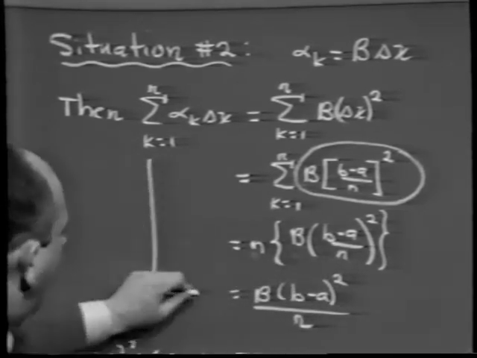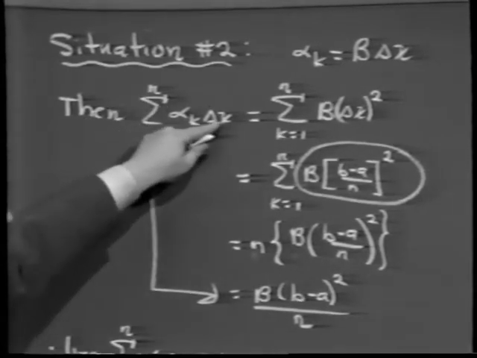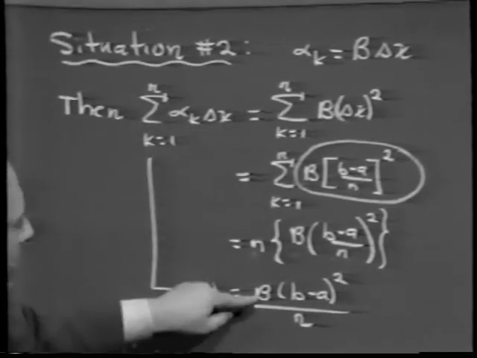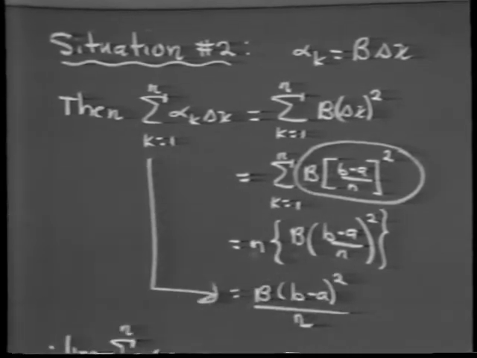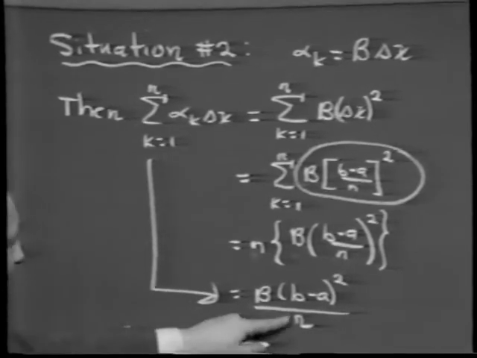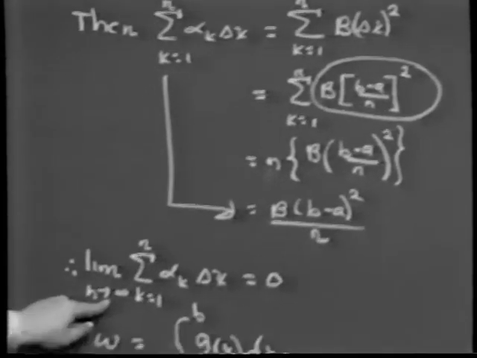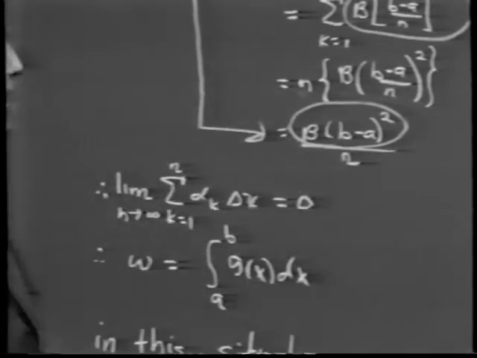And in this particular case, I find that the sum, as k goes from 1 to n, alpha sub k times delta x, is b, which is a constant, times (b minus a) squared, which is also a constant, divided by n. Now look, if I allow n to go to infinity, my numerator is a constant, my denominator is n.